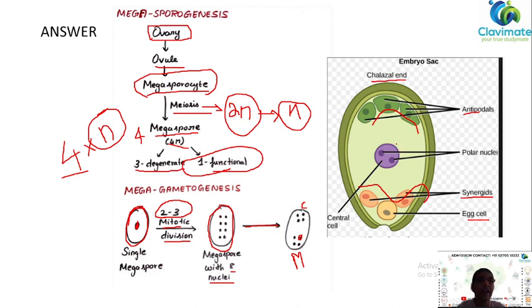And in the middle we have polar nuclei. So this is a single cell with 2 nuclei, that is 2 into n, so this cell has 2 nuclei that are haploid in number. So this is how your embryo sac is formed.